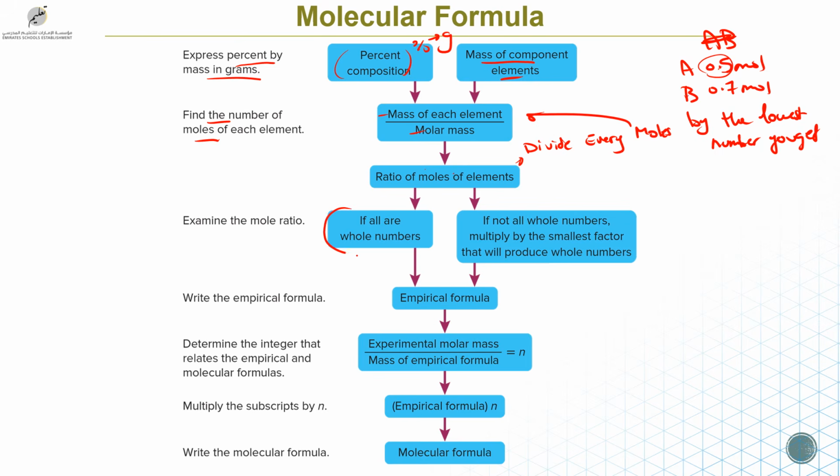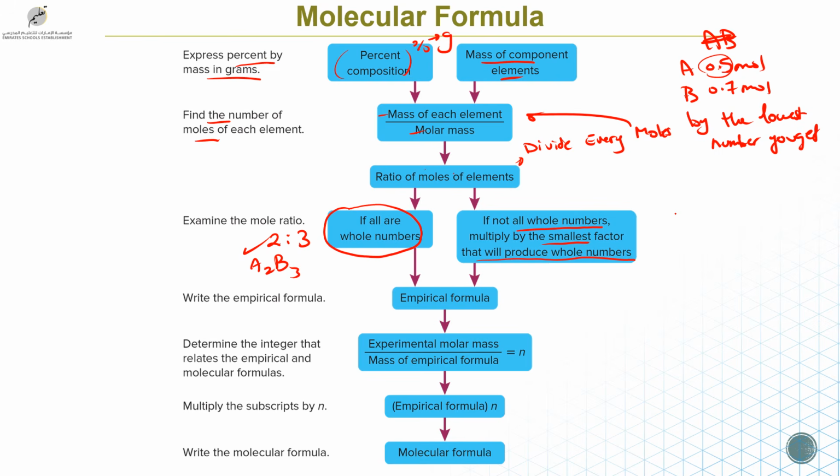Now, if everything is a whole number, for example, if you get 2 to 3 after you divide, then your formula is A2B3, for example. If not whole numbers, then multiply by the smallest factor that will produce whole numbers.